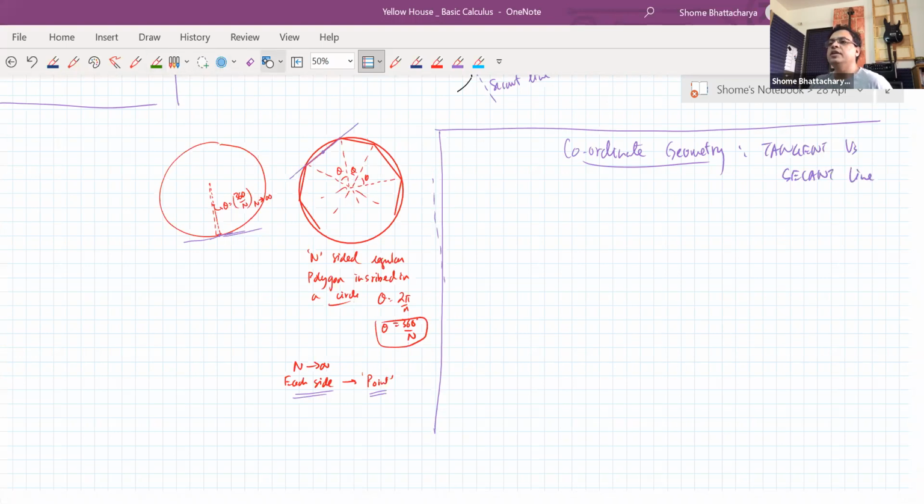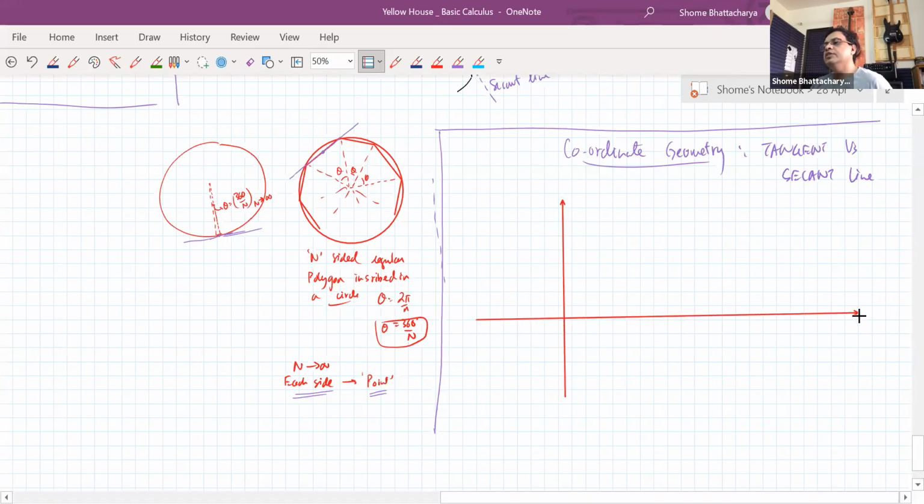Now let's take a different type of graph, something which is very common in physics, as we are going to do. Let's take a graph like y is equal to x square. This is an example of a parabola.